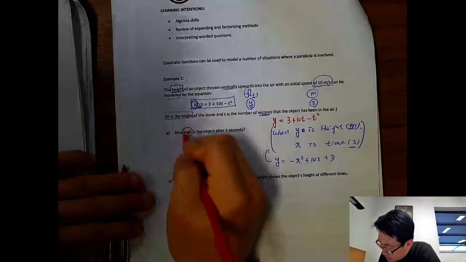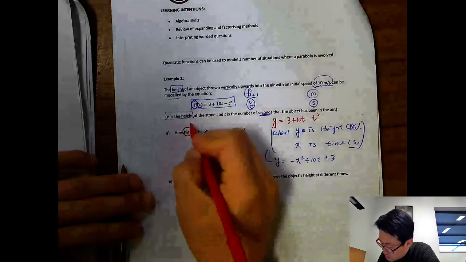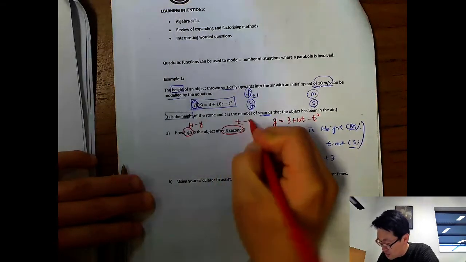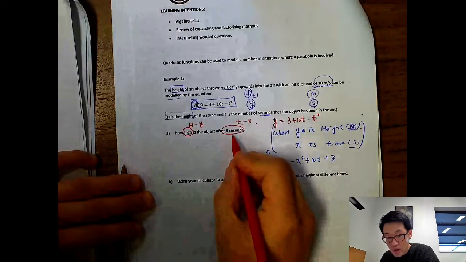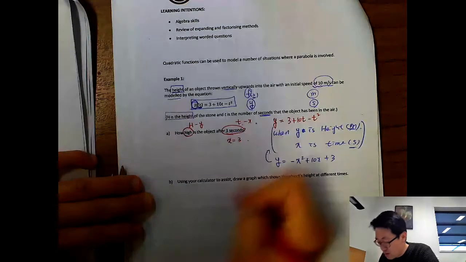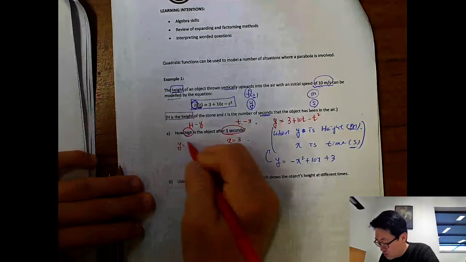So height, which is what? y. Second, time, which is x. We know time is 3, so x equals 3, and they're asking what is y. That's simple, isn't it?